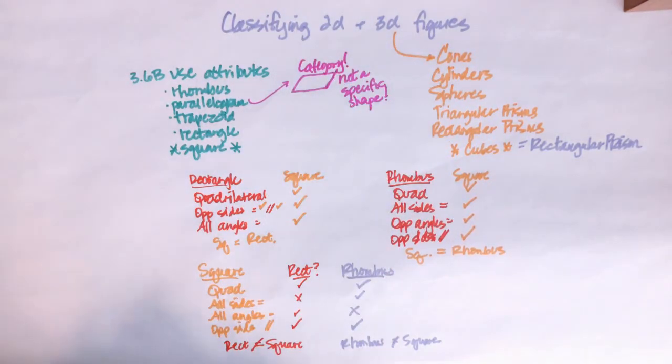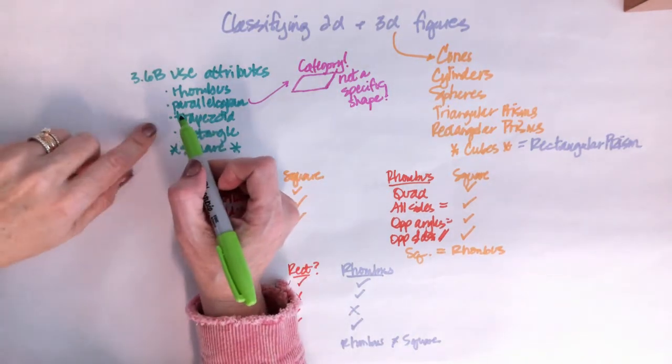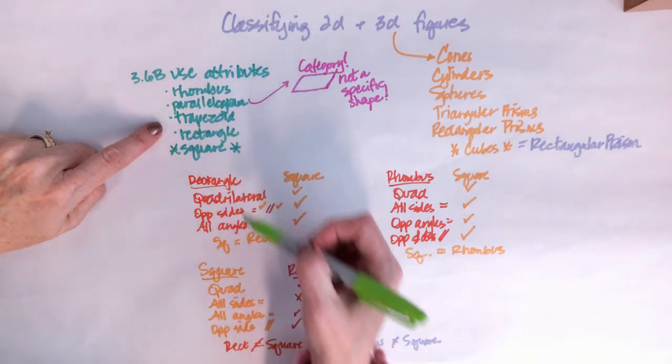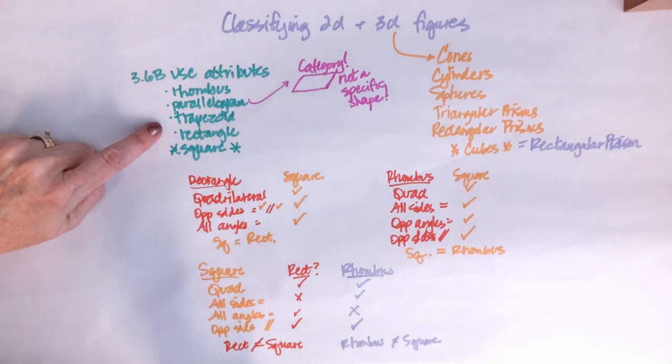Okay, the last thing I want to talk about is a trapezoid. A trapezoid has a distinguishing feature that we need kids to recognize. In order to be a trapezoid, it has exactly, or only, one set of parallel sides. All of these others that we've been talking about have two sets of parallel sides. The opposite sides are parallel.